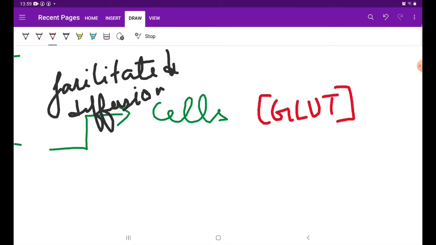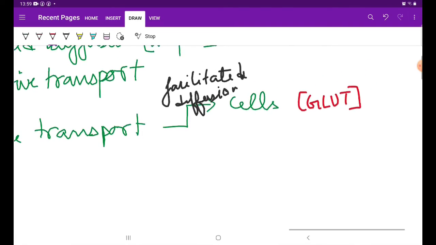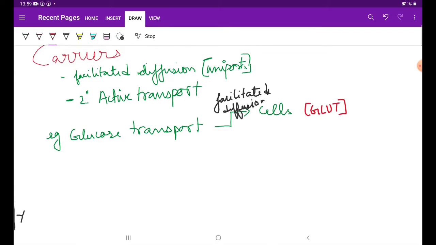Now there is an exception. Glucose is transported by facilitated diffusion in all the cells except the GIT and kidney.